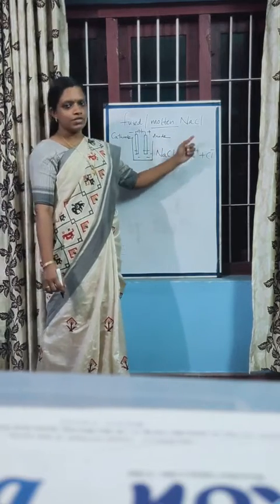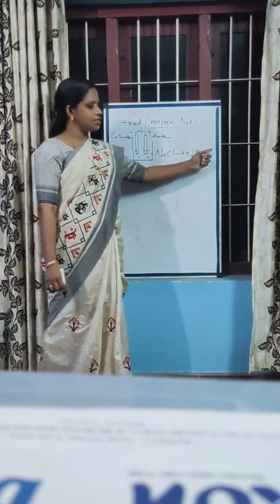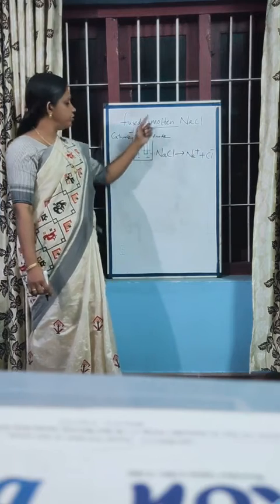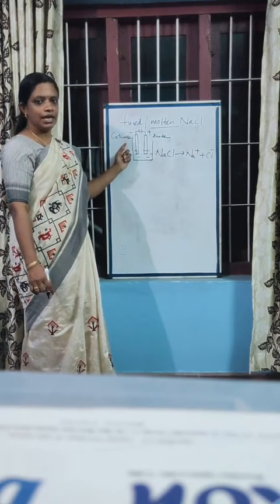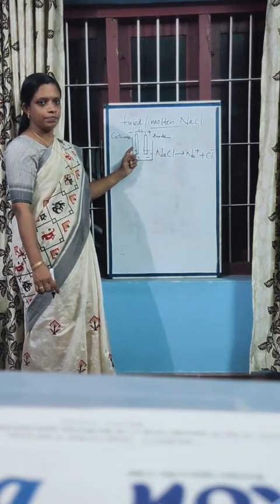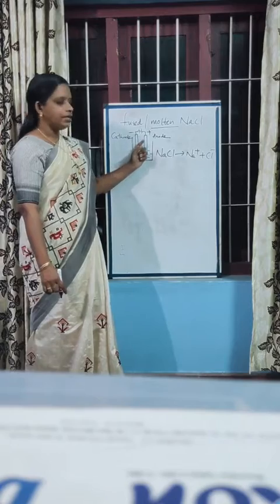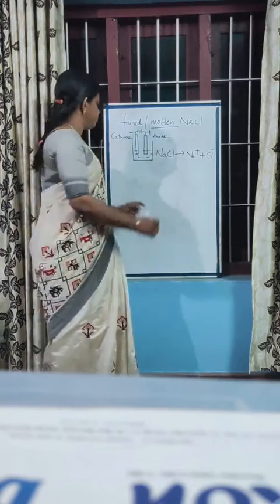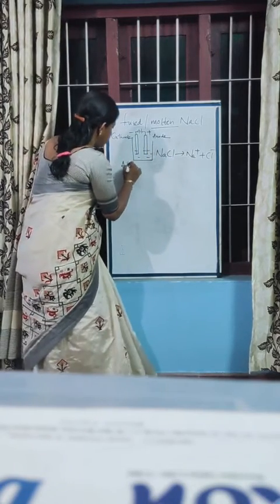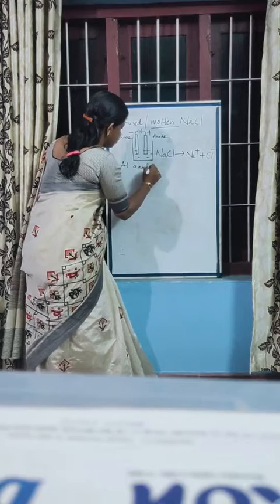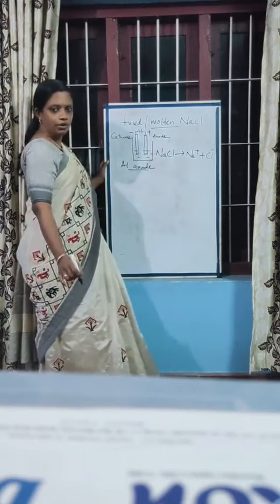These two oppositely charged ions move towards oppositely charged electrodes and get neutralized. At the anode, which ion will be here?